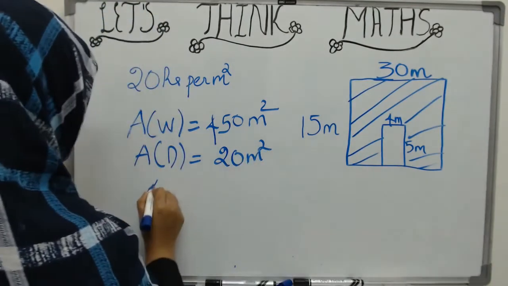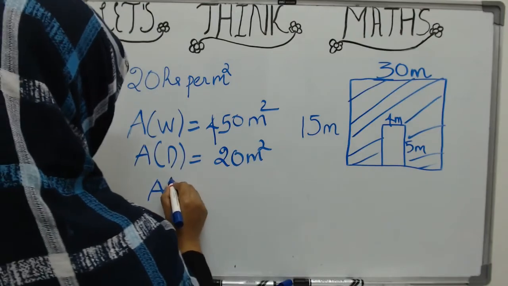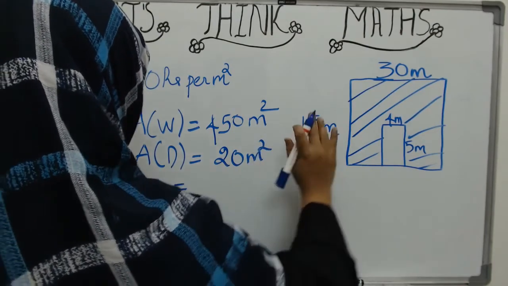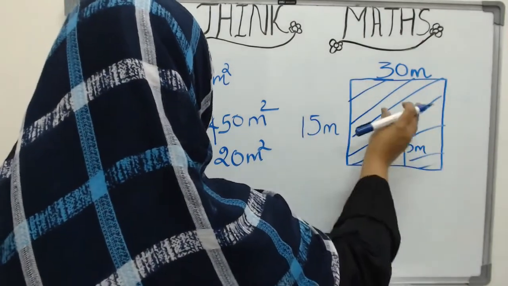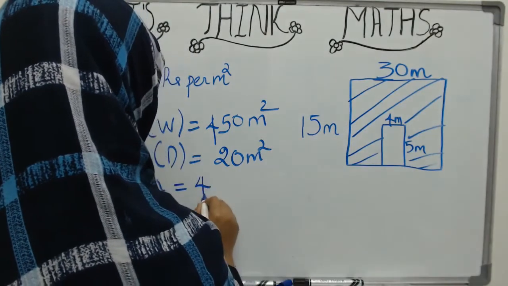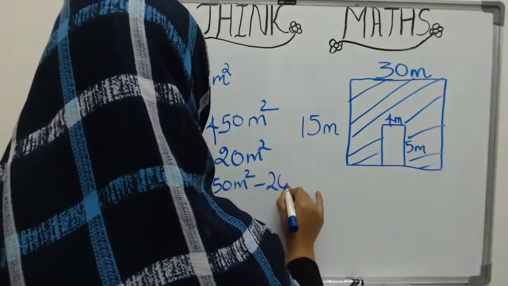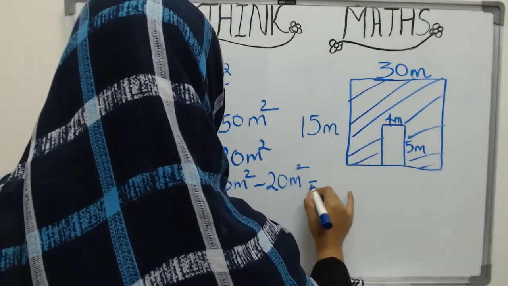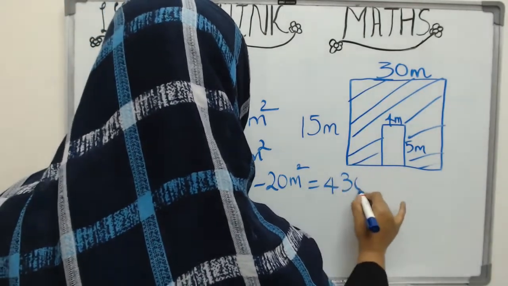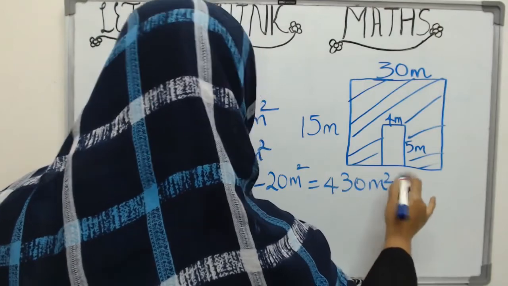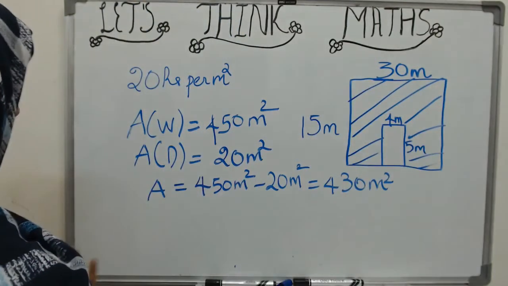And the area that we have to whitewash, how much will that be? It will be this whole area minus the door. So it would be 450 meter square minus 20 meter square, which is 430 meter square. So this is the area that we have to whitewash.